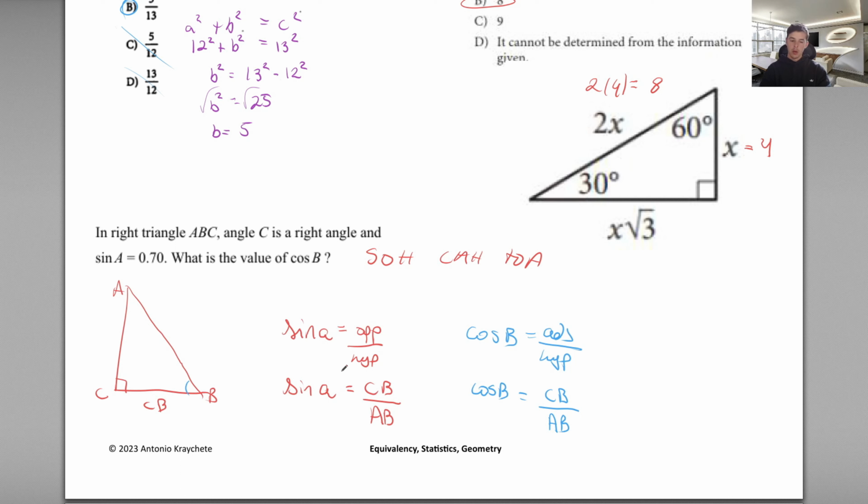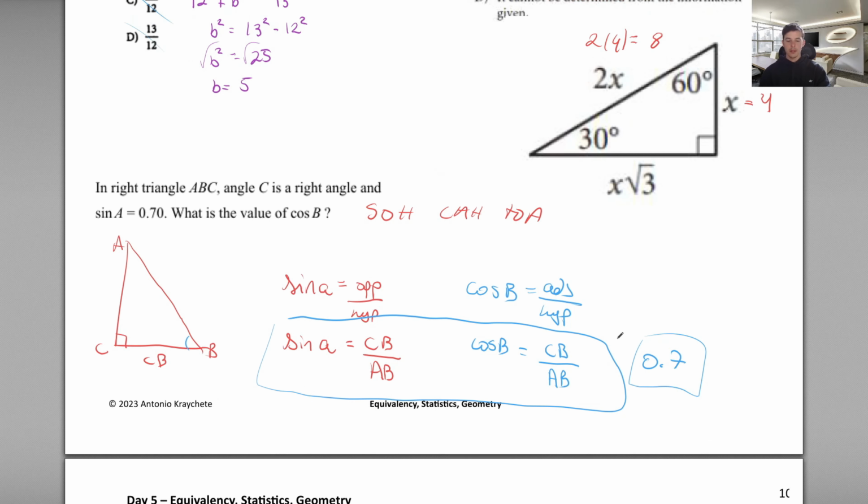So as we well know, the sine of one angle is equal to the cosine of the other angle. So the cosine of B also equals 0.7, since the sine of A equals 0.7, and the relationship between both of them is the same. All right.